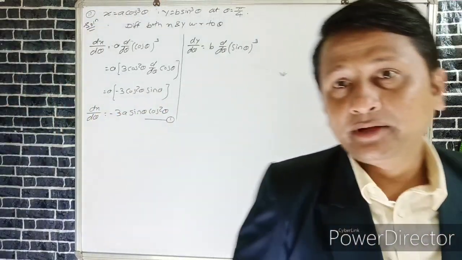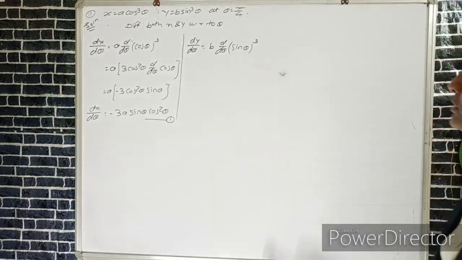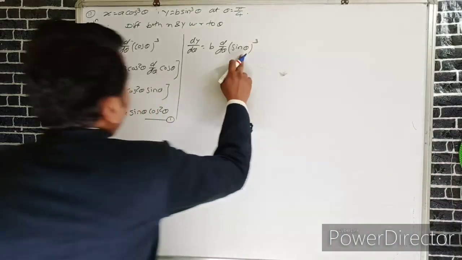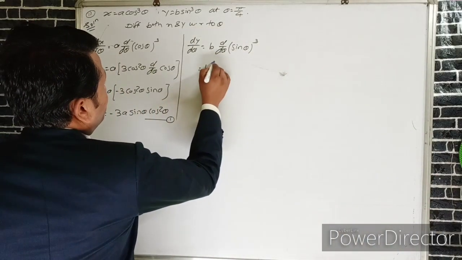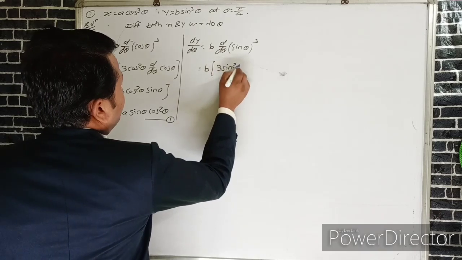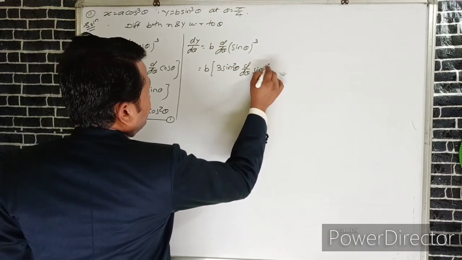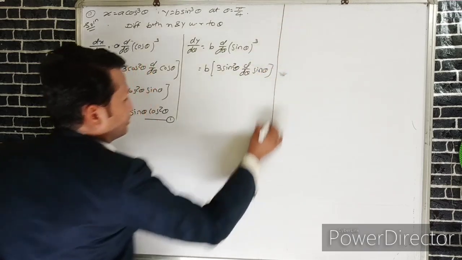Similarly here we can find the derivative of sin theta whole bracket cube, that means dy by d theta. Here again we can write b into 3 sin square theta into the derivative of sin theta by using chain rule.